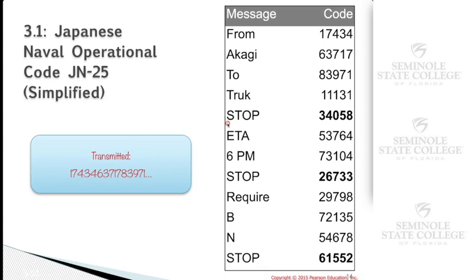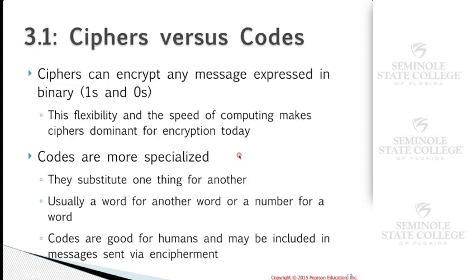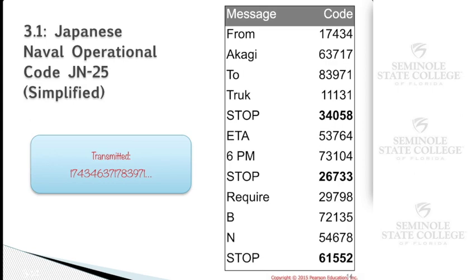I can use words and substitute them with a number, and that word and number pair might be different, but you have a translation book like this one shown here. If I get this number, I should be able to use my handy translation book to go back to the message that was sent. Okay, so going back to our slide, codes are more specialized. They substitute one thing for another, usually a word for another word, or a number for a word.